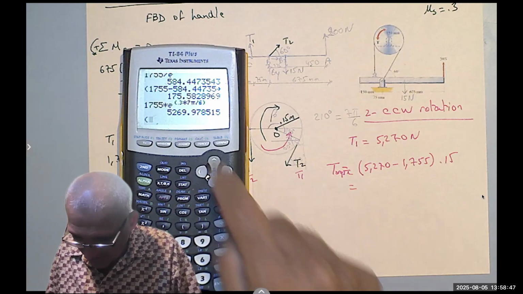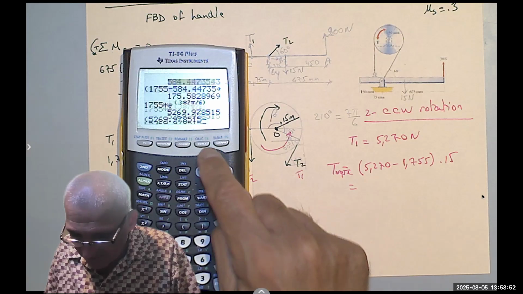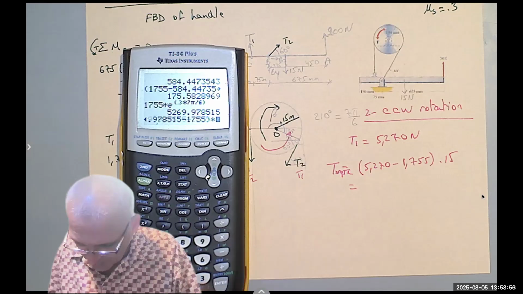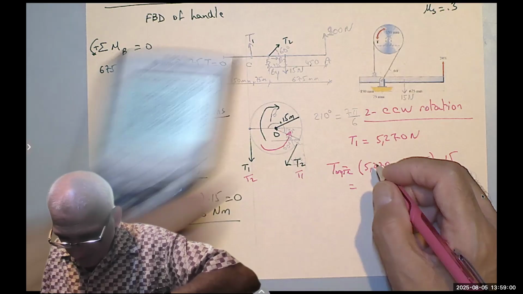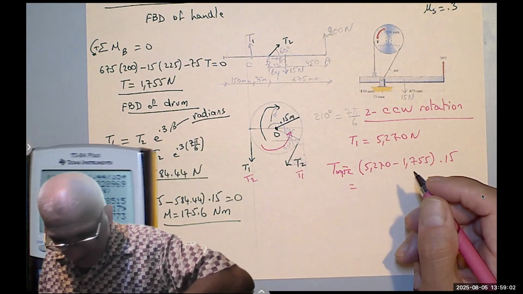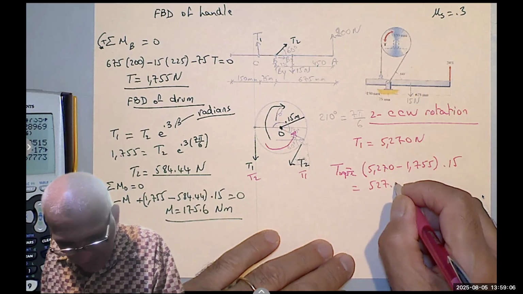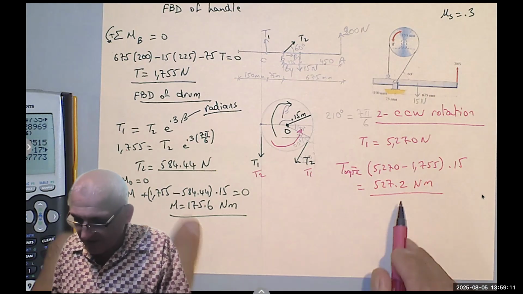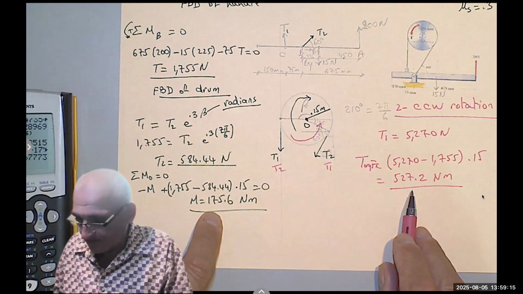So we are going to say this number minus the 1755, times 0.15, and we get 527.2 Newton meter, which is roughly 3 times more.